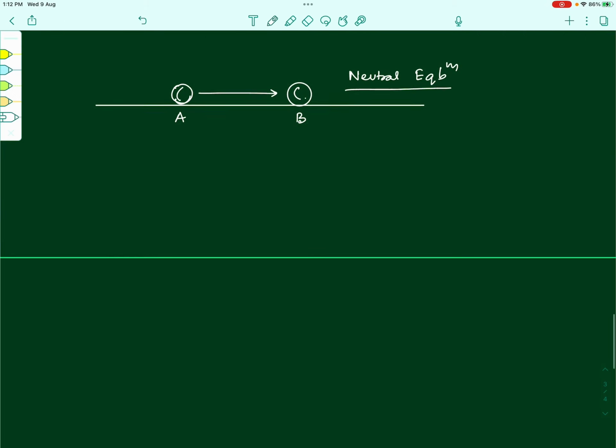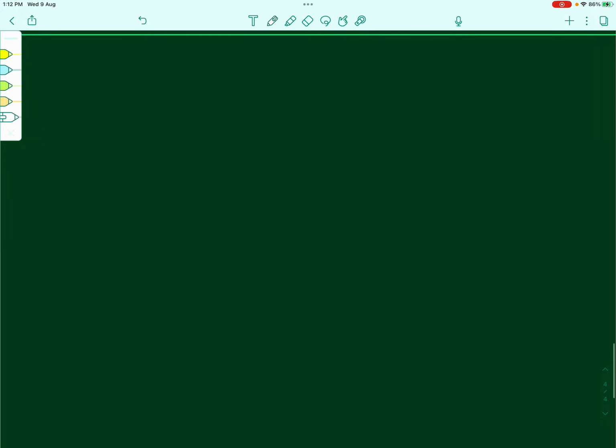Maybe we will take up an example here to understand this better. There is a question that says that the potential energy of a particle in a certain field or a force system has a form of U equals A by R squared minus B by R, where it is given that A and B are positive constants and R is the distance of the particle from the center of the field.